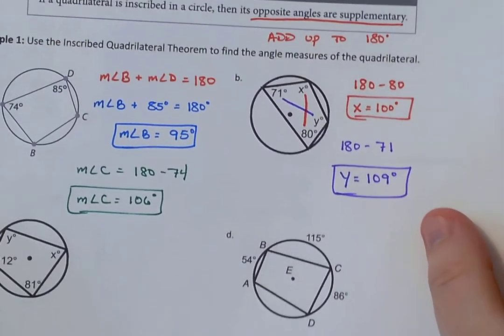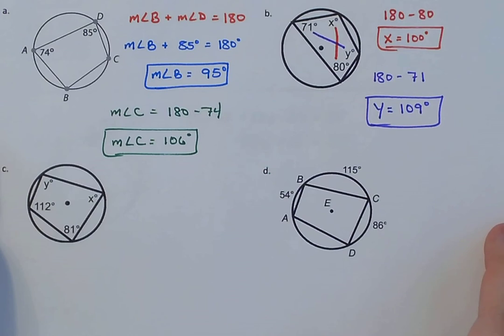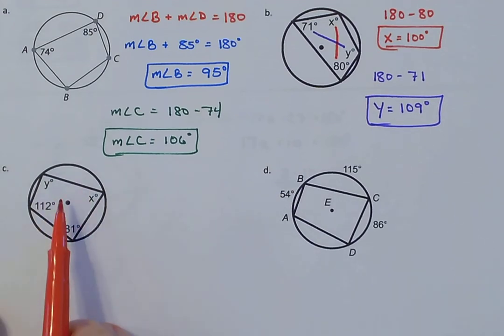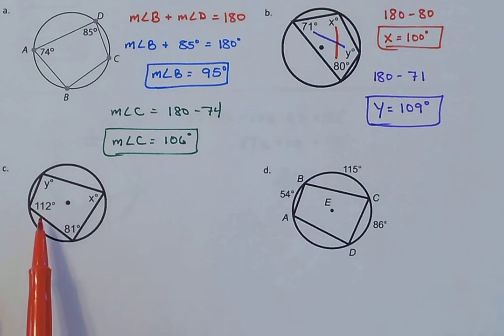Just to summarize real quick, I'm going to go back to example 1 and take a look at part C. When you have a quadrilateral that is inscribed in a circle, so a quadrilateral inside a circle, opposite angles are supplementary.